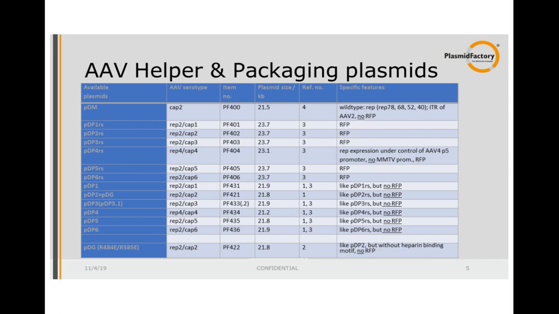So these different features are there, and since this is something which is frequently used by the industry and academic labs, this is something which we have pre-manufactured in a quality that is more than sufficient for doing this successfully. And this is just an overview. Important is that you can see that these plasmids are really quite big because they have to carry all the genetic elements that are used to make these AAV packaging in the cell.